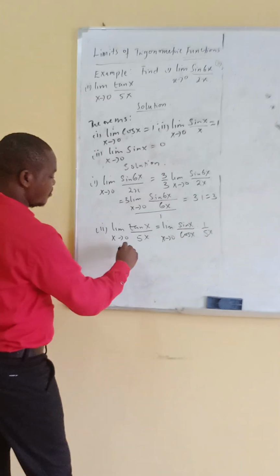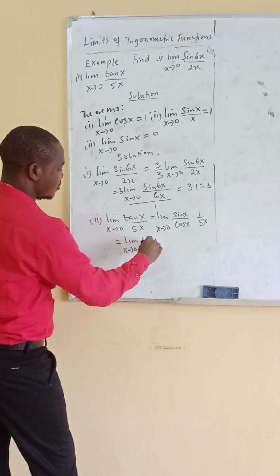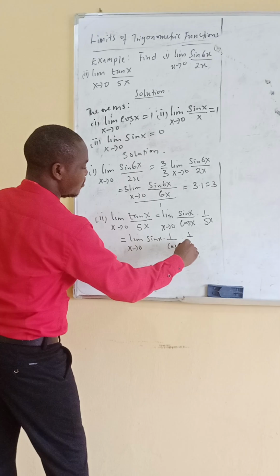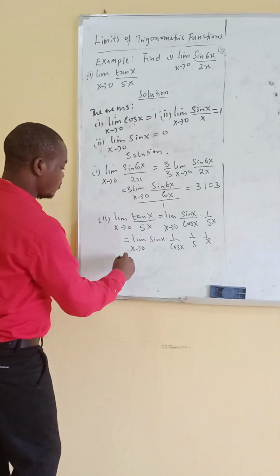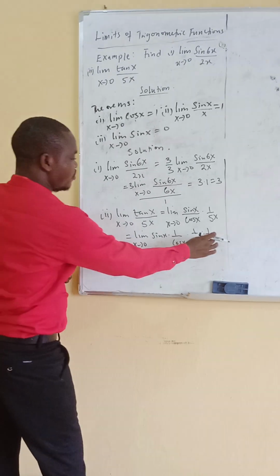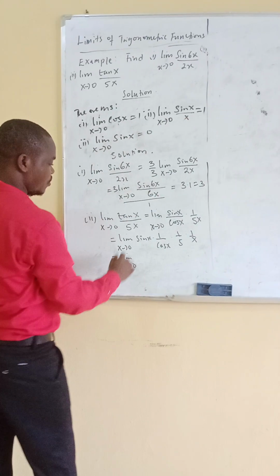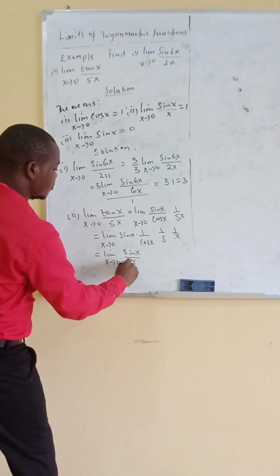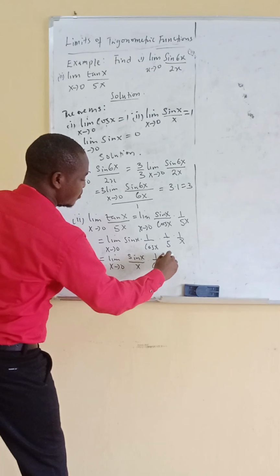So we split this into the limit as x tends to 0 of sine x times 1 over cos x times 1 over 5 times 1 over x. You can bring the x together with the sine x so that you use the second result. So we have sine x over x times 1 over cos x times 1 over 5.